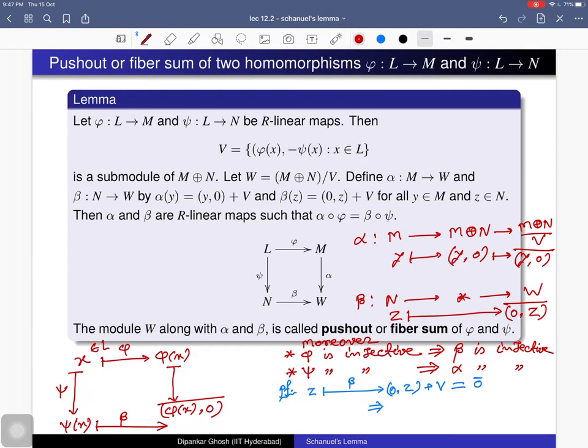So here we get 0 comma psi of x and its equivalence class.